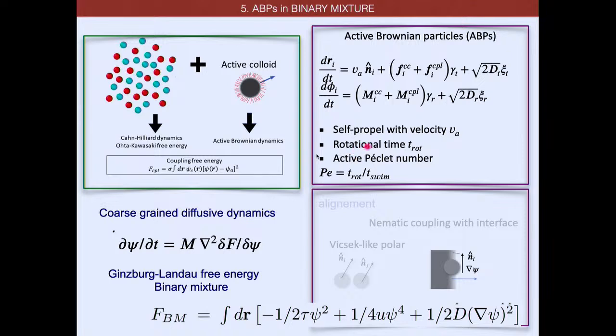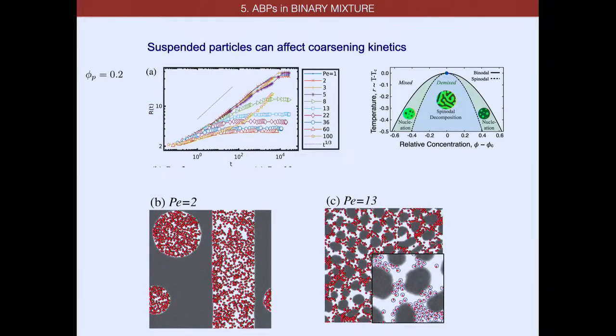We will define, as usual, this active Peclet number, which is a ratio between these two times. So a large Peclet number means that the particle can displace a long distance compared to its own size before it will rotate away.